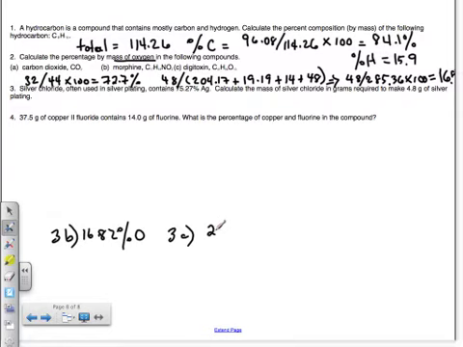So it's 208 over 208, the oxygen part, plus hydrogen, plus 12.01 for carbon times 41. 492.41 just for the carbon. Okay, times 100.